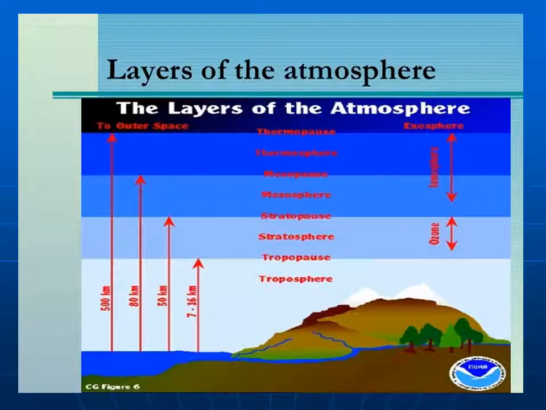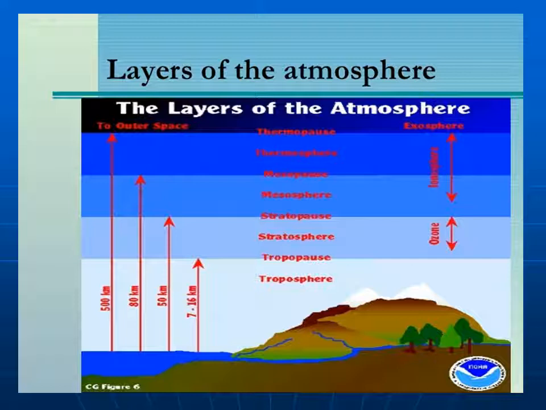Now let's see what are the different layers of the atmosphere. Starting from the crust of the earth, up to 7 to 16 kilometers is the troposphere. Then comes the tropopause, then the stratosphere, then the stratopause, then the mesosphere, mesopause, thermosphere, and the thermopause.